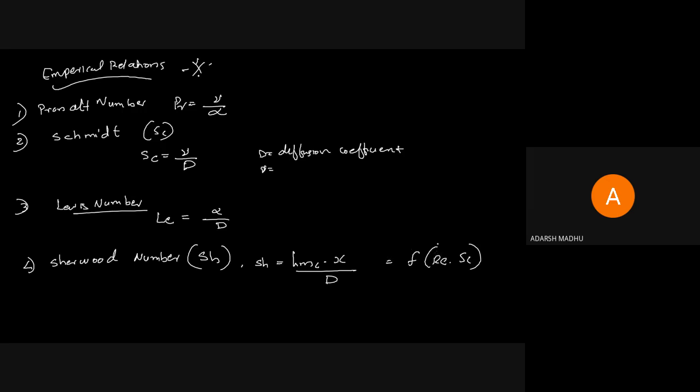Sherwood number is a function of RE and SC. There is an equation related to SH. The SH value is a very important one, and problems mostly involve the SH value and SC value, Sherwood number and Schmidt number.